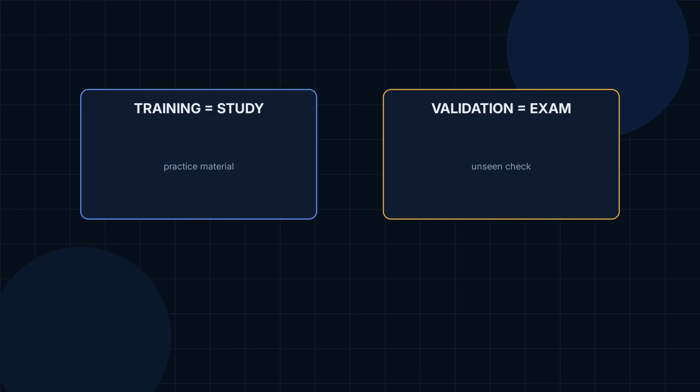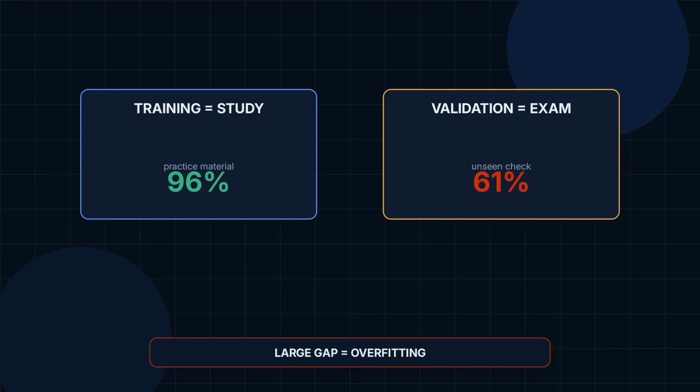Think about it like this: training is like studying, and validation is the exam. If the performance on the exam is much worse than on the study material, then the model is overfitting. So it's learning the specific tokens in your training set rather than the patterns behind them.